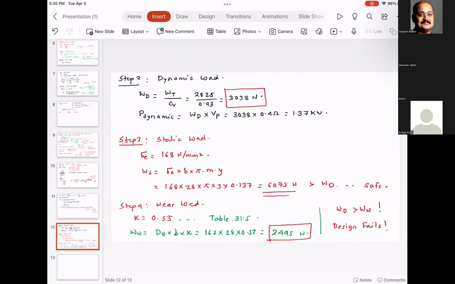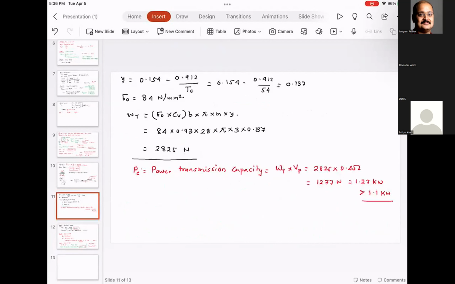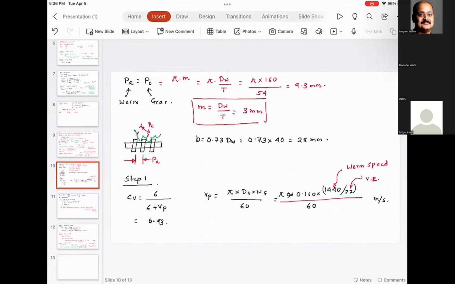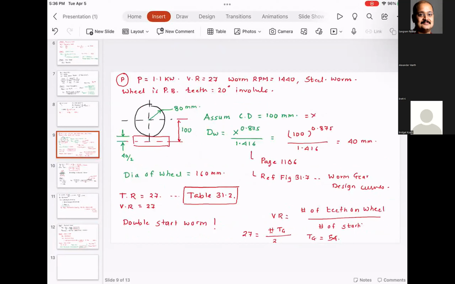The power that can be transmitted is 1.37 kilowatts, but the actual power to be transmitted is 1.1 kilowatt.